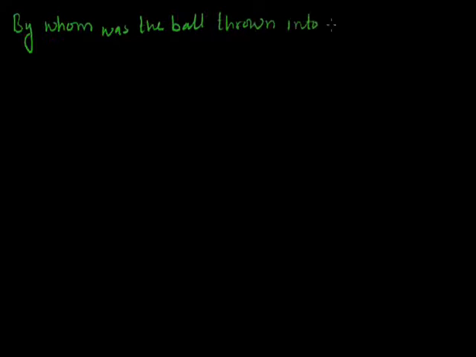Okay, so by whom is the beginning of the sentence. Who threw is the second form, and that is in the simple past tense, so we will use was and were. Was will be used, okay, because the object is the ball, which is singular. Okay, so by whom was the ball, then the third form thrown into the well. In this manner we will make the passive voice of the sentences in which the subject or the doer or the agent of the action is not given.